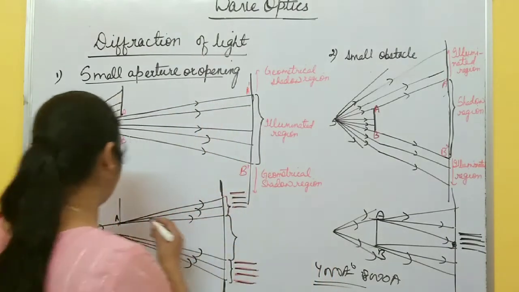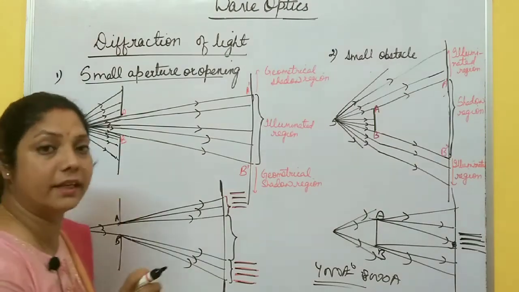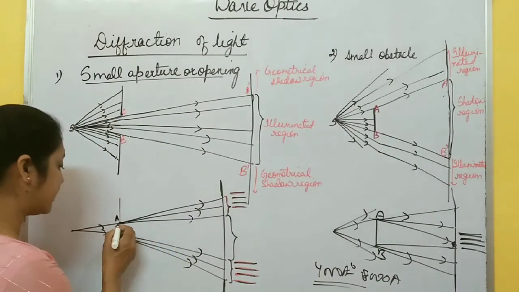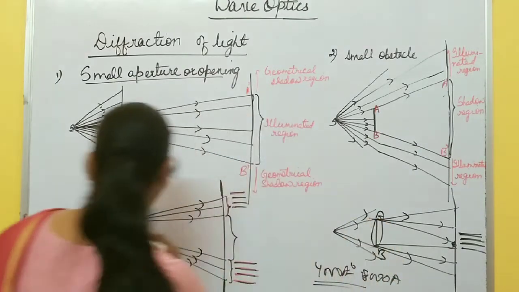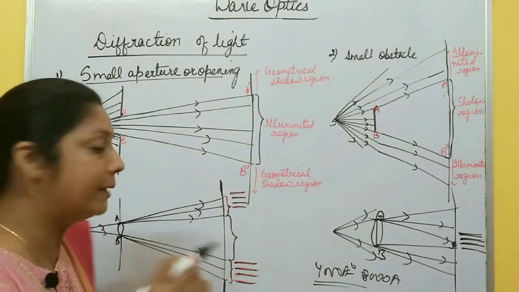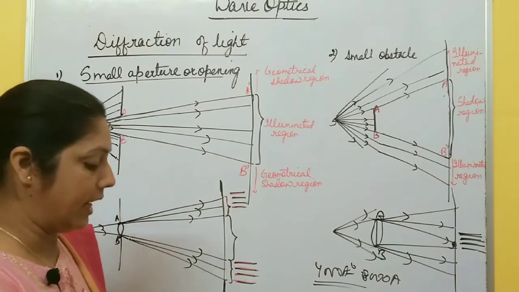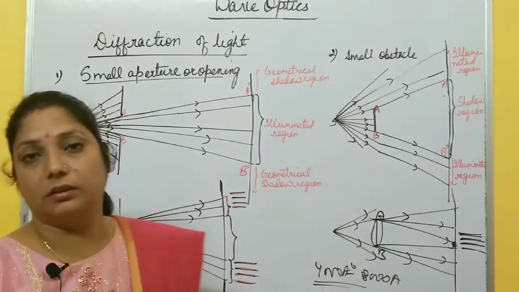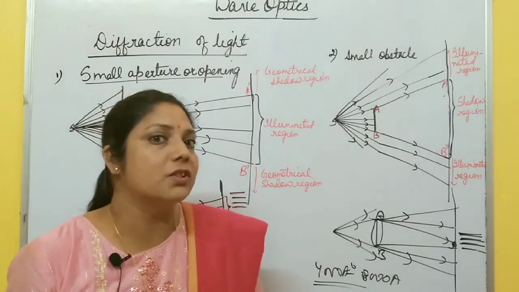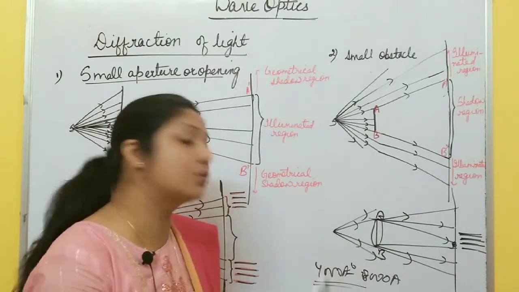Diffraction or bending of light around corners or edges only takes place when the size of the obstacle or aperture is comparable to the wavelength of light used, and such a small size of aperture or obstacle, I think, is not possible. Very small, because the wavelength of light is so small.